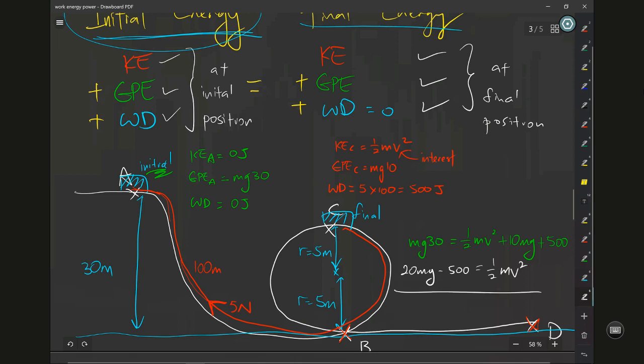If I give you the mass of the roller coaster, you could work this out. Because g is 10 anyway, we have 200m minus 500 equals mv squared over 2. You can work this out on your own if I give you the m, and eventually you'll be able to find v. So this is how the work-energy theorem works.